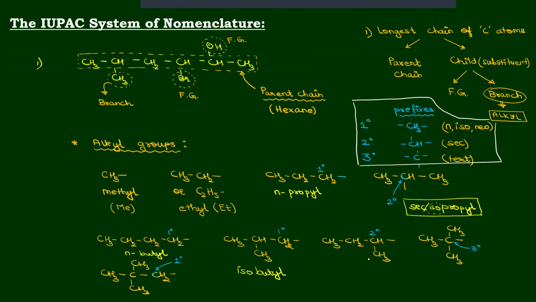Next, sec-butyl. Next, tert-butyl: it's tertiary with four carbons. Next, primary with two branches on the second carbon, which is the definition of neo, and with 5 carbons it is called neopentyl.